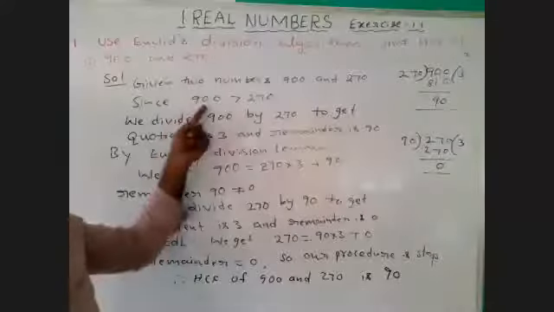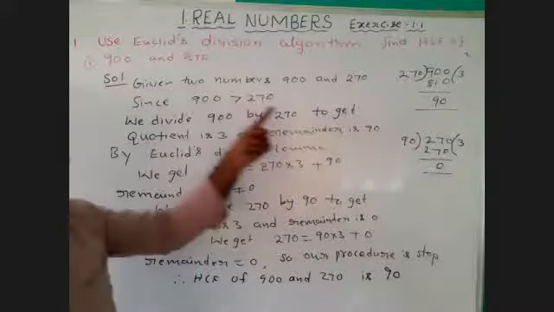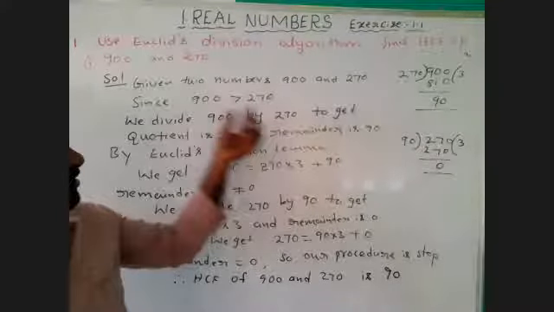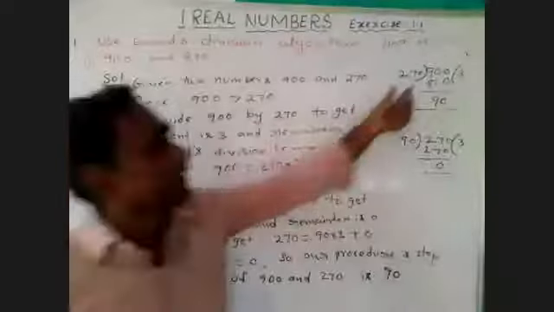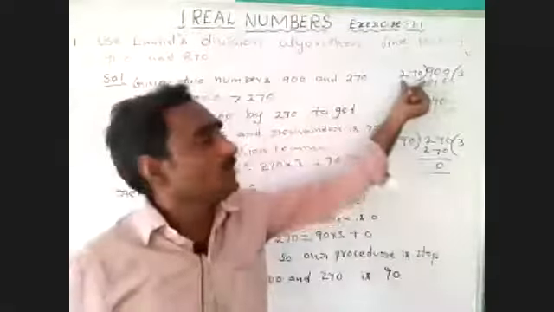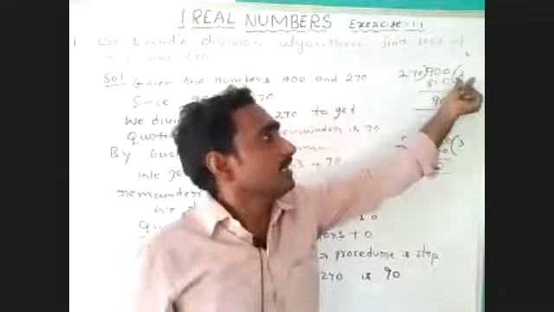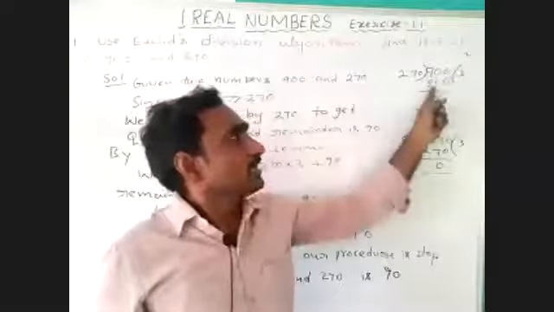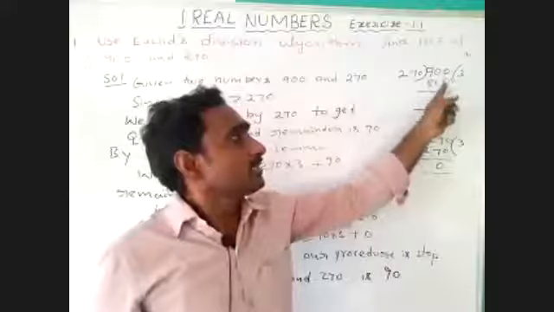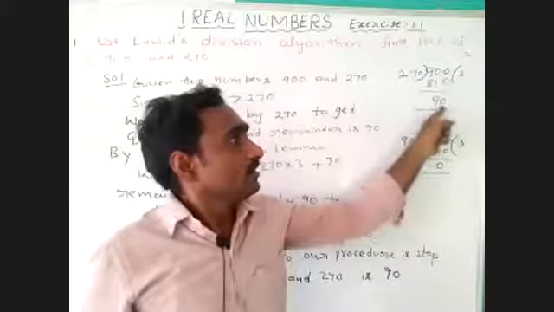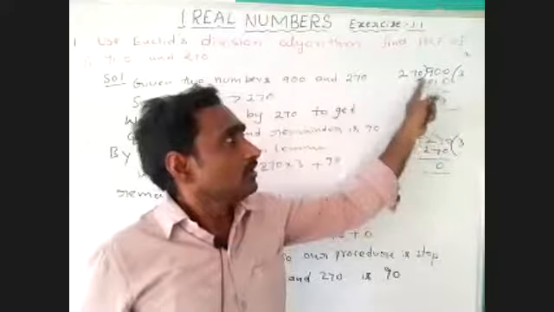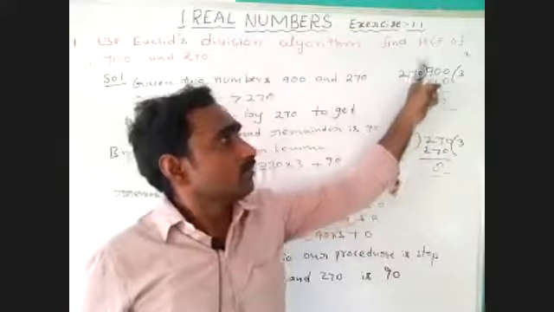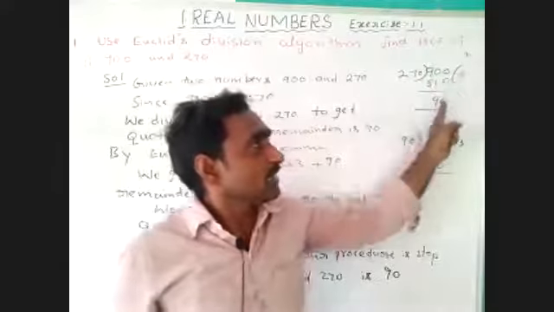The largest value is divided by the smallest value. 900 divided by 270 gives quotient 3 and remainder 90. 3 times 270 is 810, so 900 minus 810 is 90.